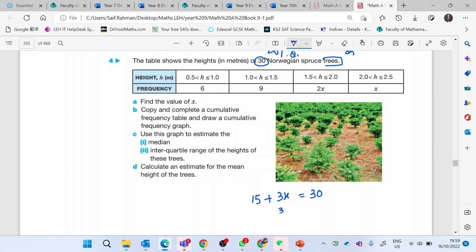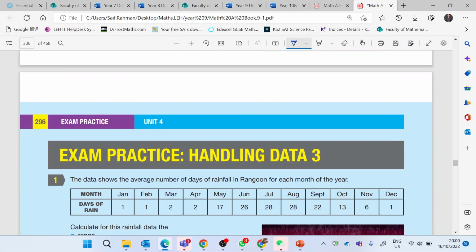Okay, so 3x is equal to 15 and x is equal to 5. So if x is equal to 5, one number is 5, one number is 10. So these are the values of x, and the rest is the same as we have studied before.